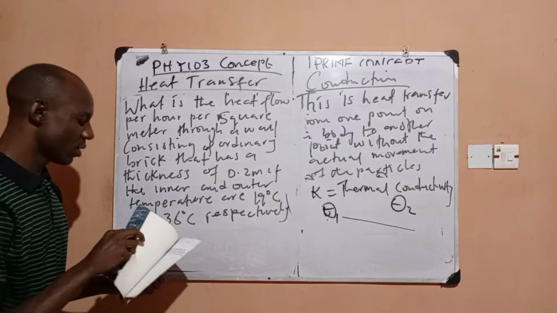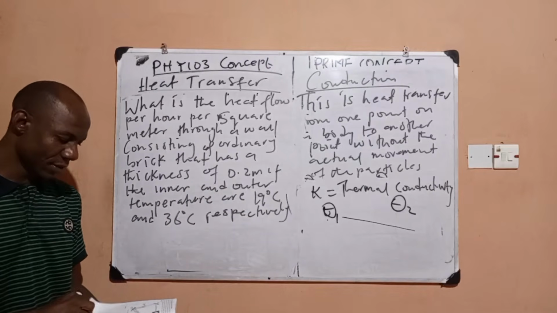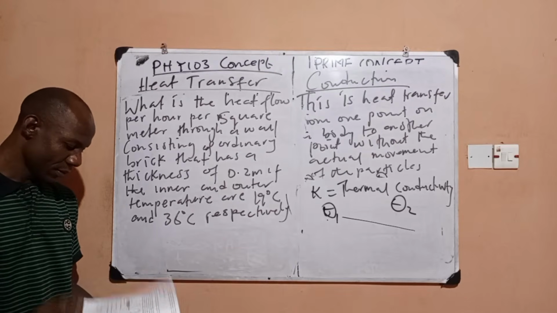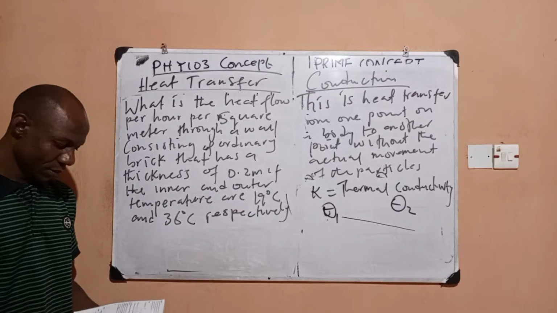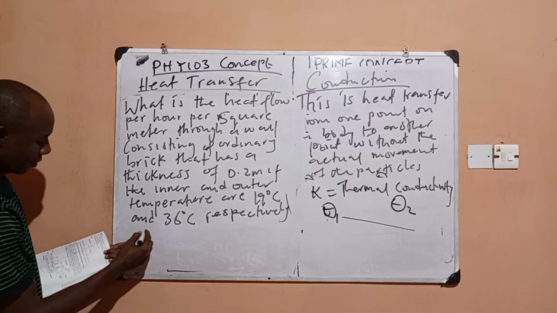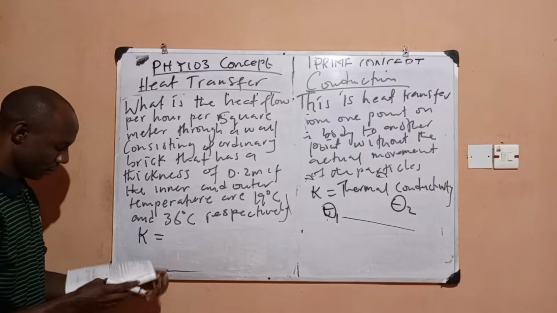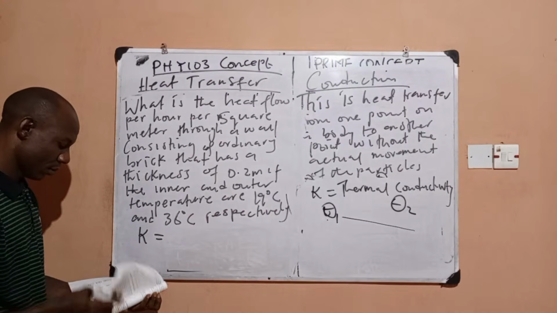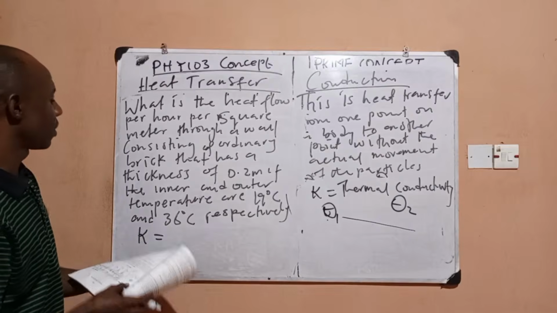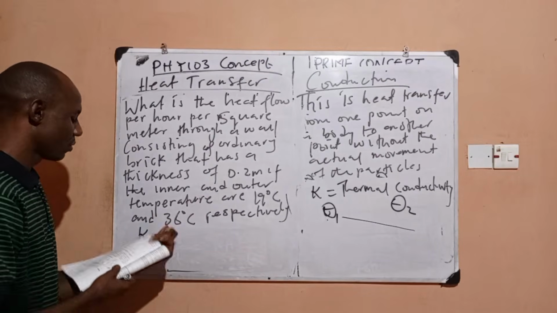Now K is a constant which is supposed to be given. So let me give you K. They are supposed to give us this. I think it's an oversight. So let me just give one value.